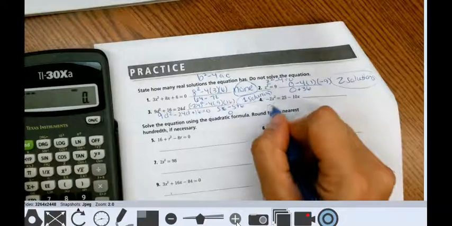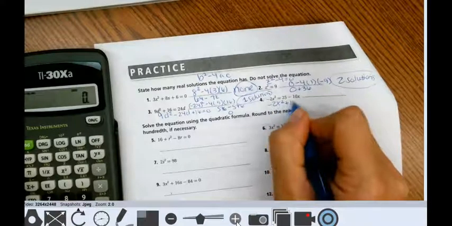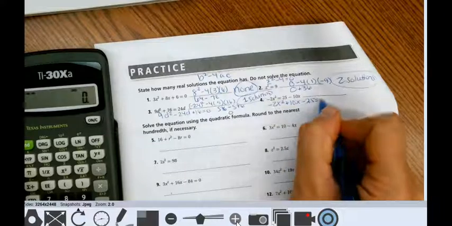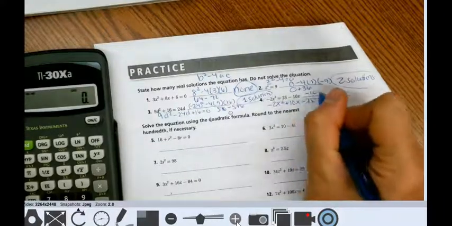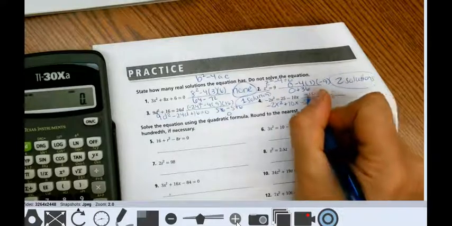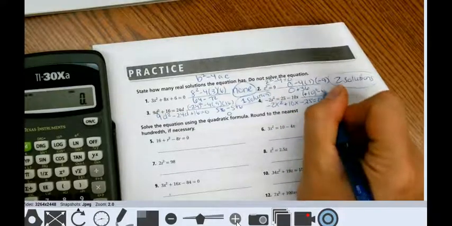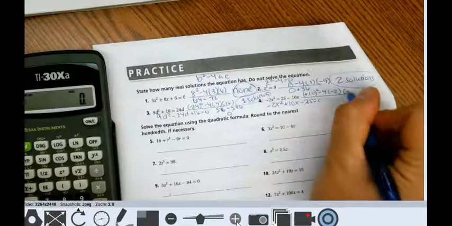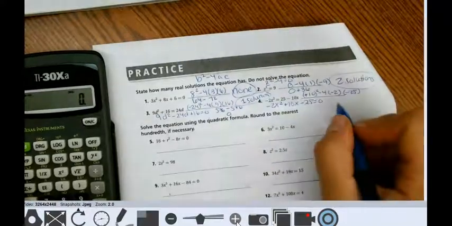Negative 2x squared plus 10x minus 25 equals 0. So b squared minus 4ac. 100.